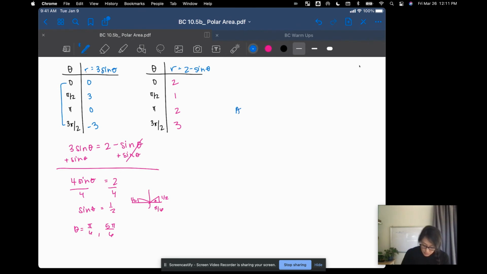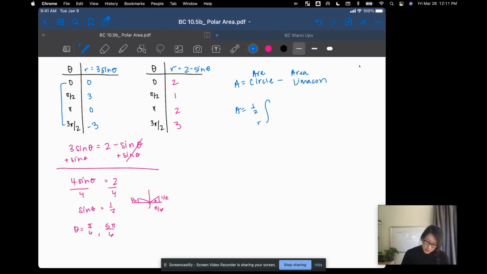So the area is going to equal 1/2 times the integral of, we want to take the area of the circle, okay, minus the area of the limacon.